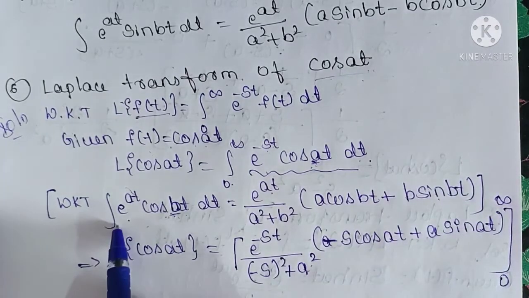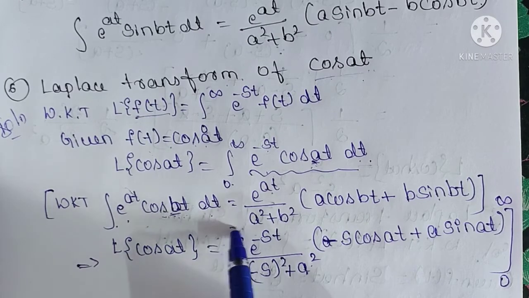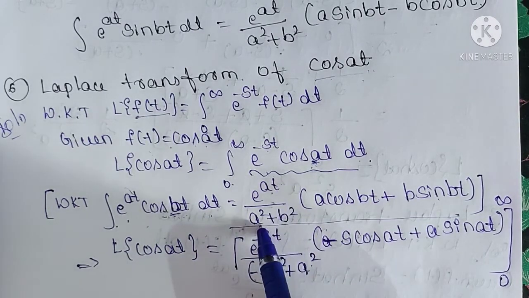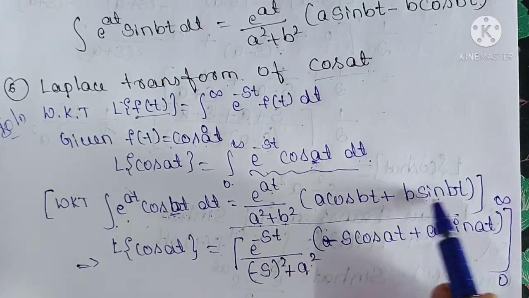The formula for the integral of e power at cos bt dt is e power at divided by a square plus b square into a cos bt plus b sin bt.